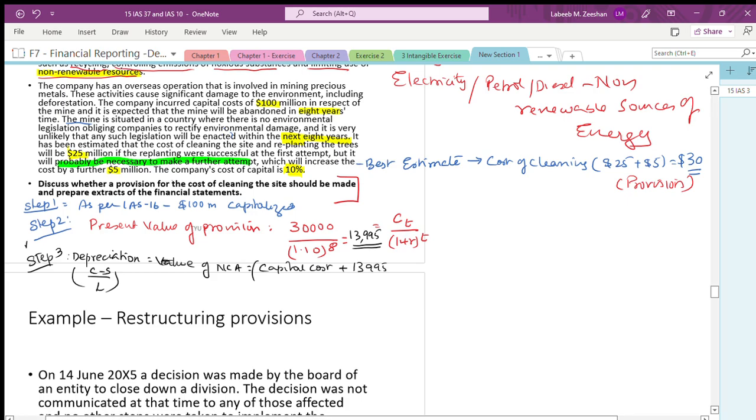Capital cost is how much? 100 million. 100 million plus 13,995 divided by how much? 8. 113,995 divided by 8. Are you understanding this or not? First tell me.